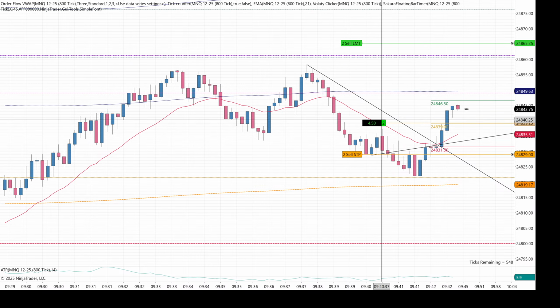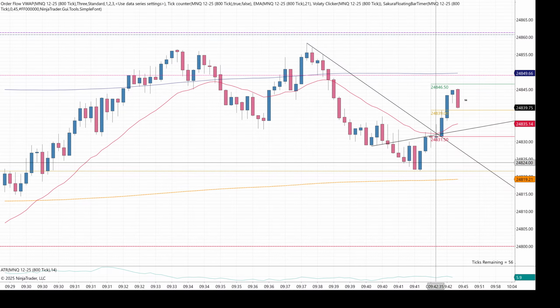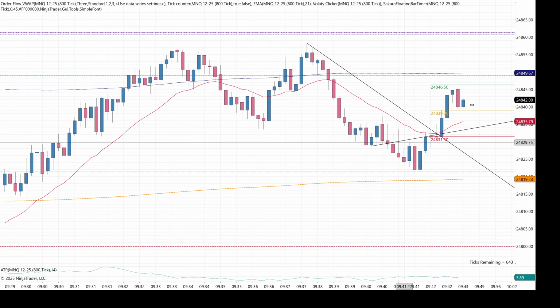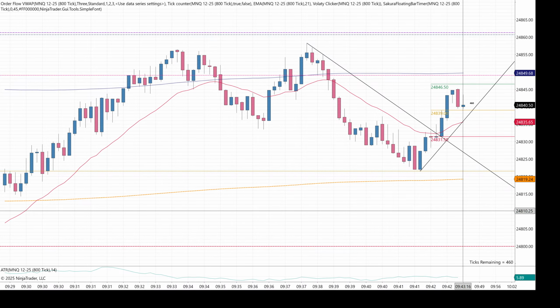Okay, our first target was filled. We have a runner now. Can't seem to get runners going, but that's okay.